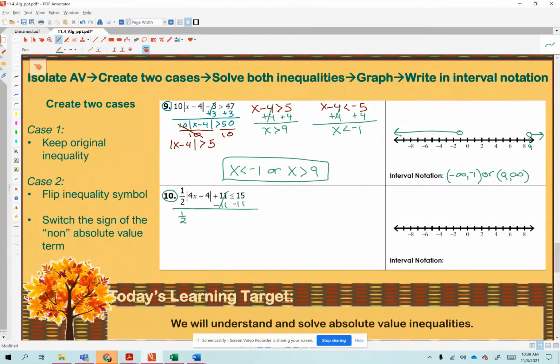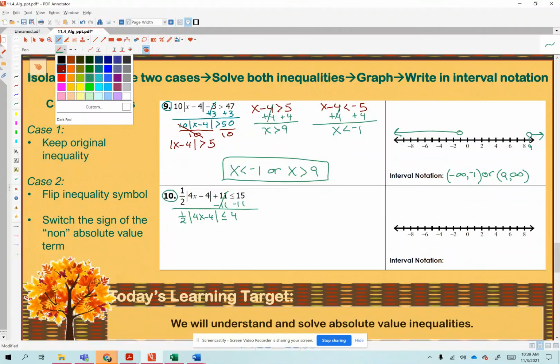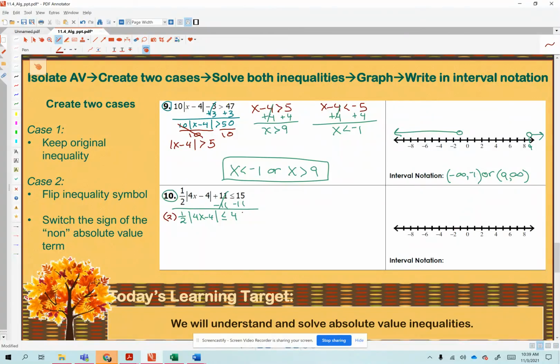That gives us 1/2 times the absolute value of 4x minus 4 is less than or equal to 15 minus 11, which is 4. Now we need to isolate absolute value. Dividing by 1/2 is the same as multiplying by 2. So that gives us the absolute value of 4x minus 4 is less than or equal to 8.